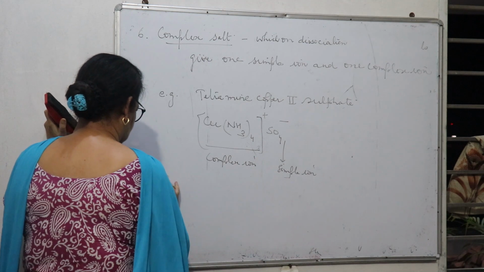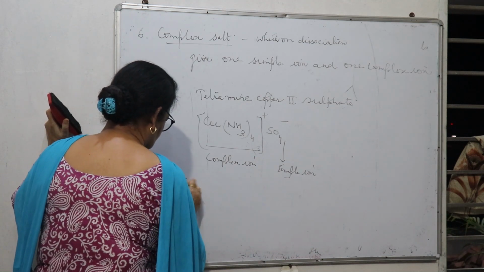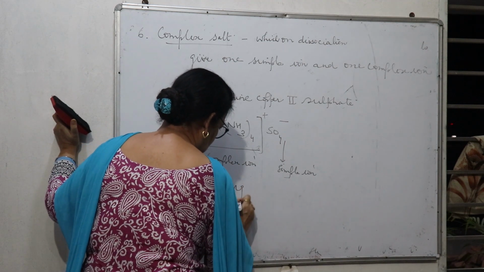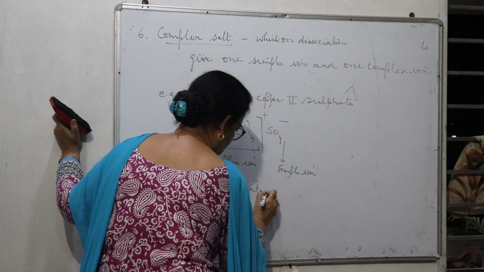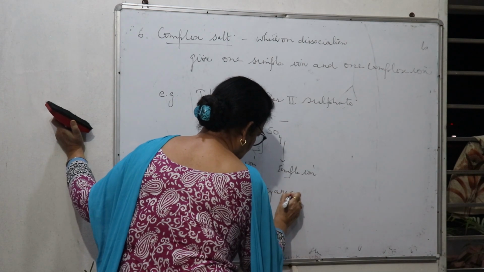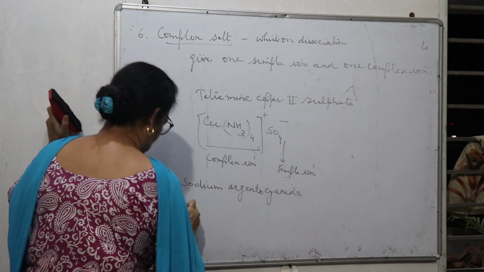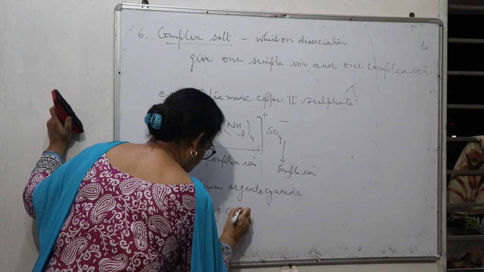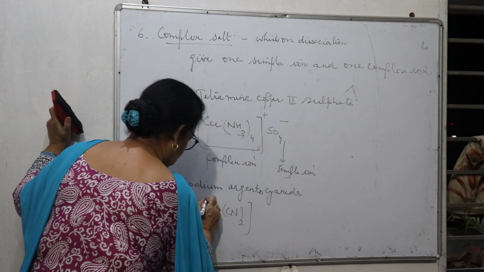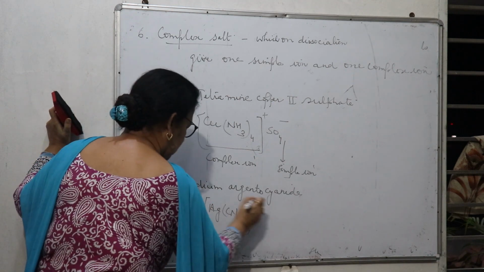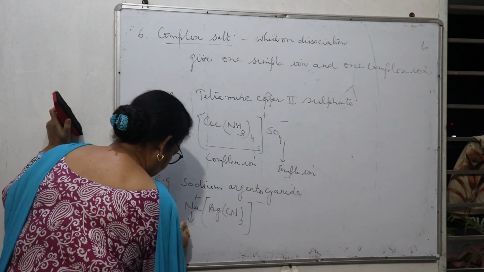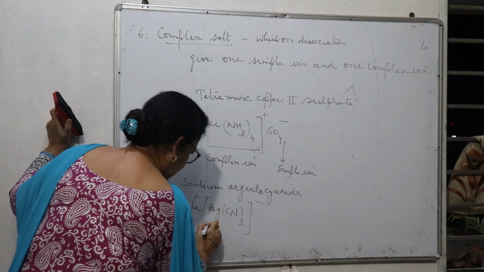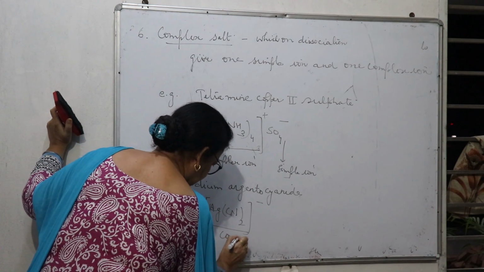For example, sodium argentocyanide, Na[Ag(CN)2]. Here this part is the simple ion and this is the complex ion.